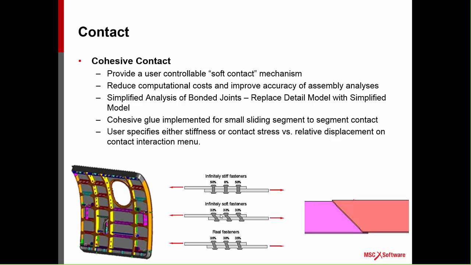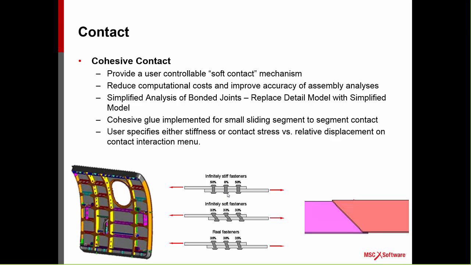So we had a tendency to take problems, whether it's a lap joint or any sort of connector, and say, we'll just do it with shell elements. We won't include the detailed analysis, and we'll use glued contact. And that's very simple to use. The problem was that glued contact was effectively too stiff.